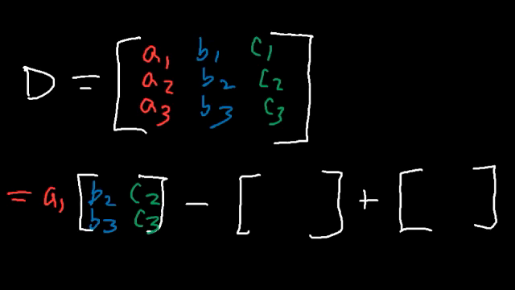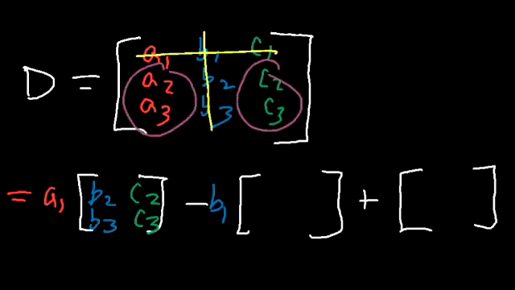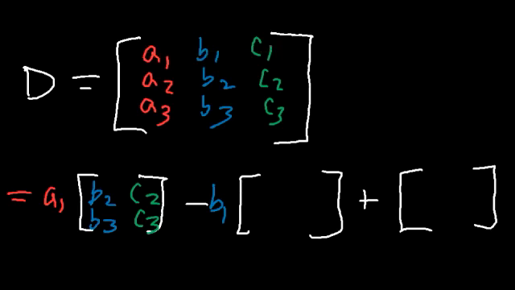That's going to be in front of the second matrix. And eliminate the row and the column that intersects b1. So we're going to eliminate row 1 and column 2. And so a2, a3, and c2, c3 are going to go in the next matrix. So it's a2, a3, c2, c3.